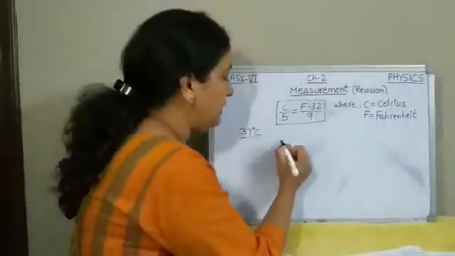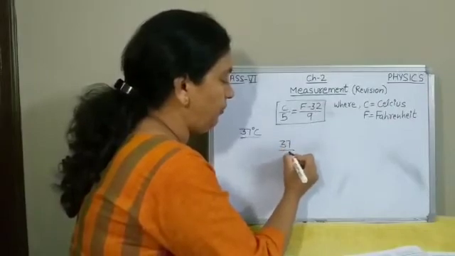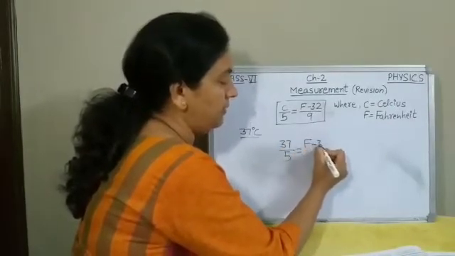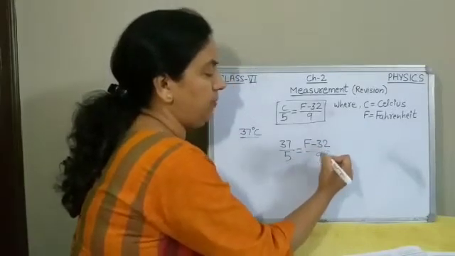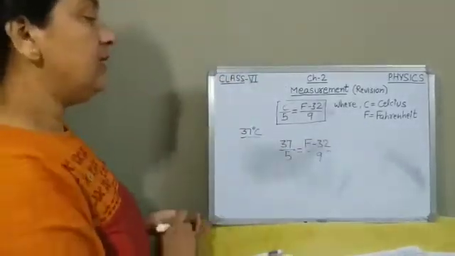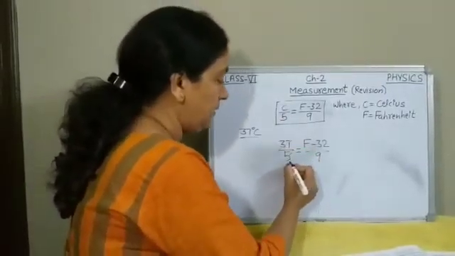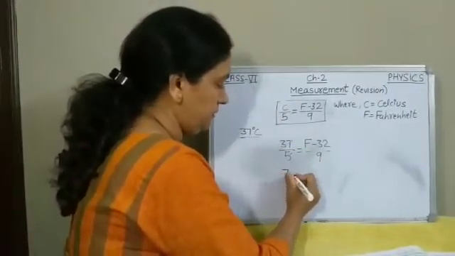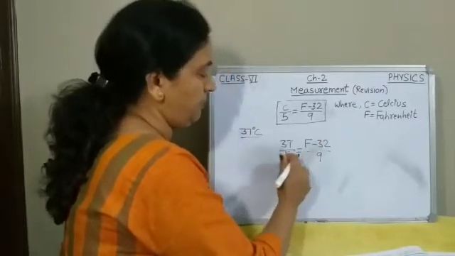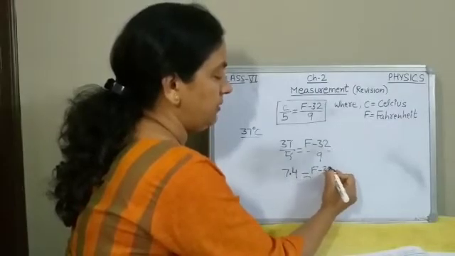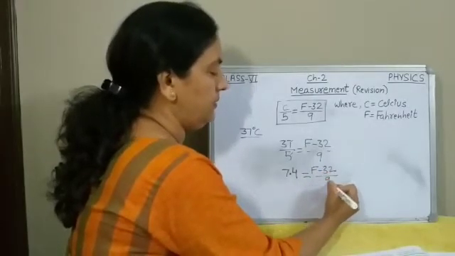So we will write 37 upon 5 is equal to F minus 32 upon 9. Now if we divide, we will get 7.4 is equal to F minus 32 upon 9.